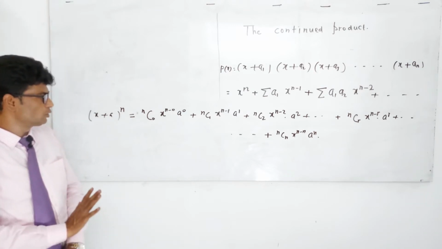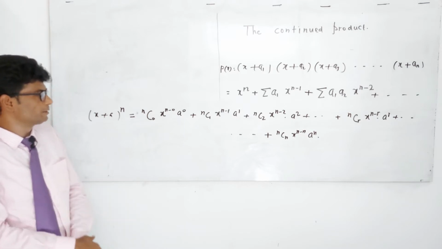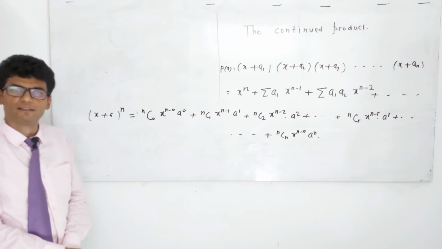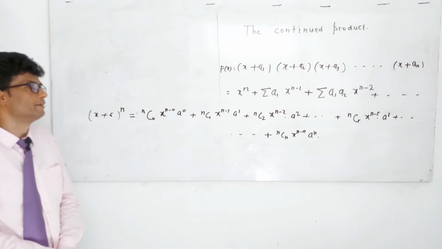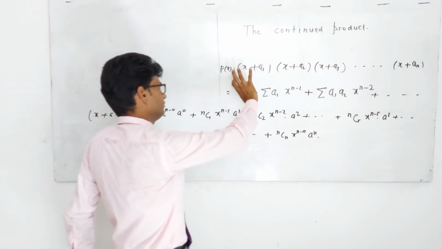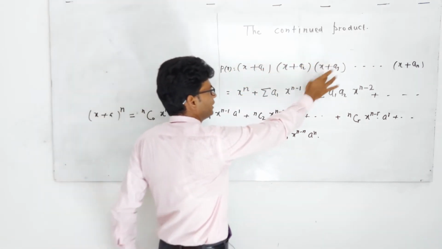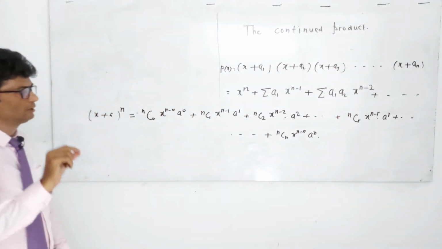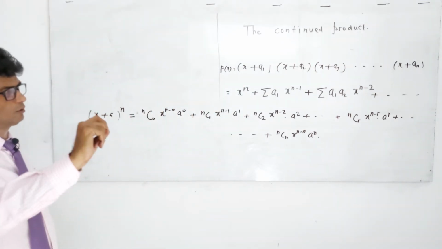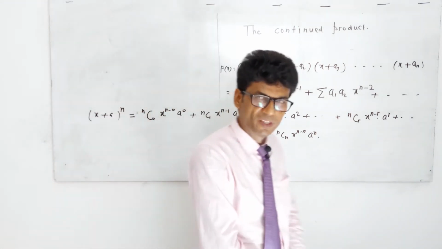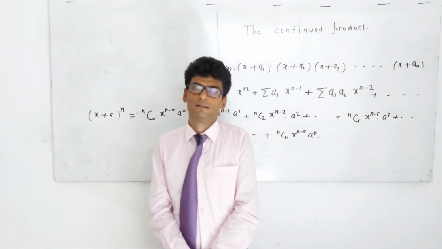So we are just going to prove this one by using the continued product. Okay, so what here: (x + a1)(x + a2)(x + a3) up to (x + an). We only have to put a1 is equal to a2 is equal to a3 is equal to an is equal to a.